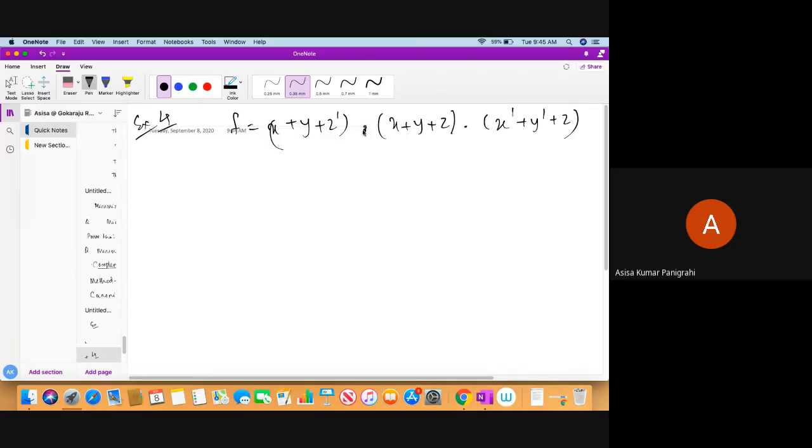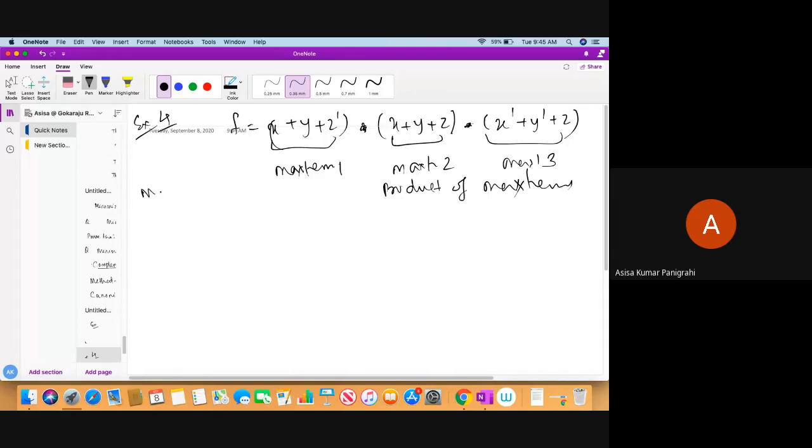These are all max terms, max term 1, max term 2, max term 3, and finally this is a product. So this is in the form of product of max terms.